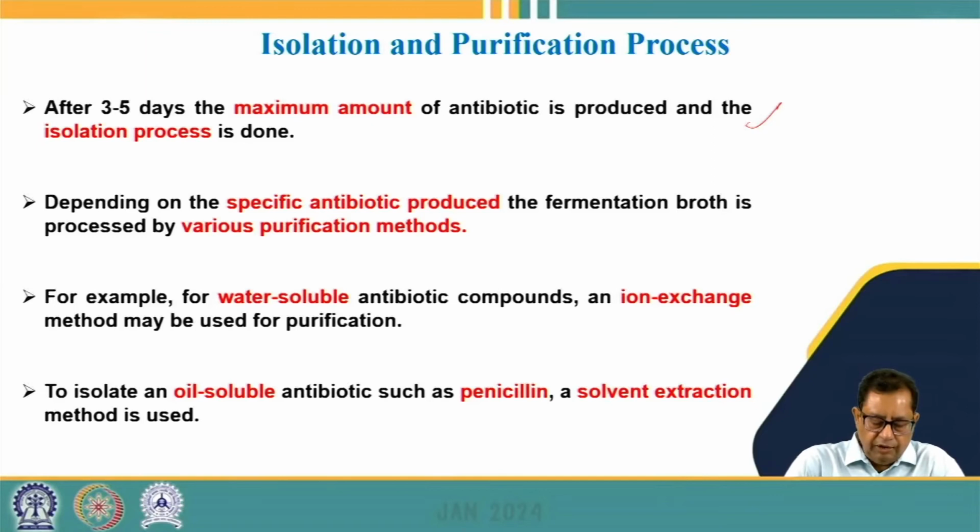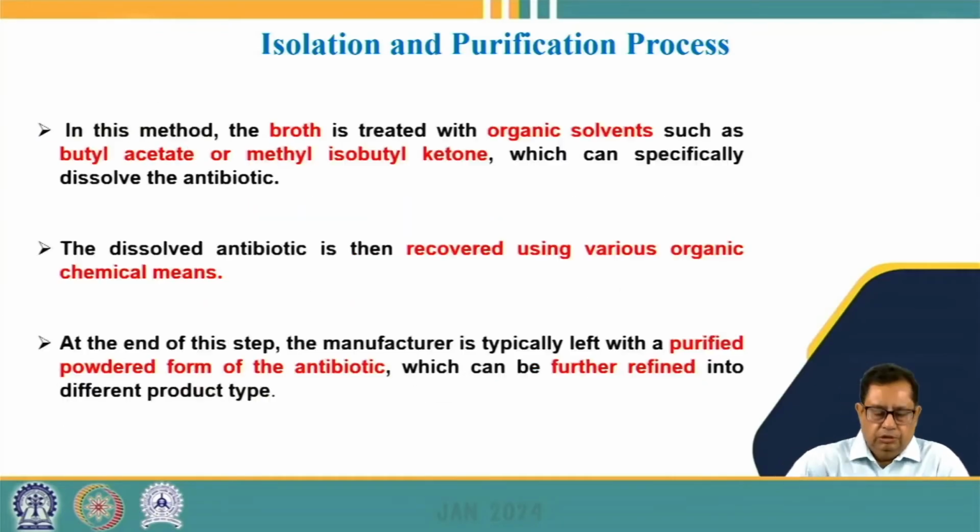For example, if we are having a water soluble antibiotic compound, the ion exchange process may be used for purification, whereas if we are having oil soluble or hydrophobic antibiotics, for example penicillin, we can use the solvent extraction method. We use a solvent in which this type of antibiotic is soluble, and later on the solvent can be recovered by the evaporation process and recycled.